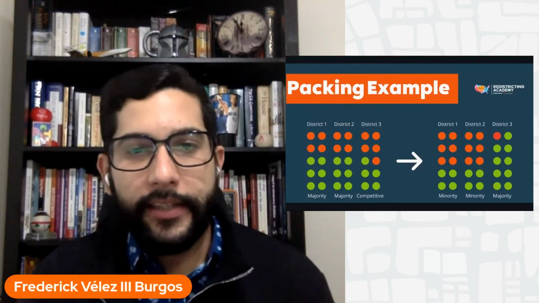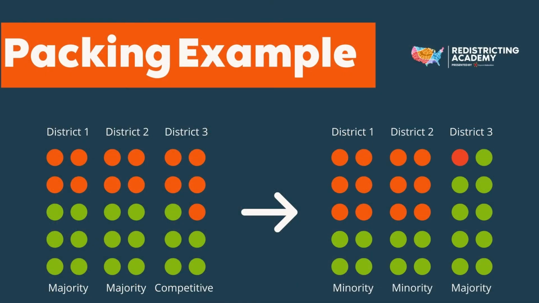As you can see here, this is an example of packing. On the left-hand side, you have districts that are divided proportionally. So if you see on the left-hand side, you have two districts where the green dots are the majority, and then district number 3, where there's the same amount of both green and orange dots.